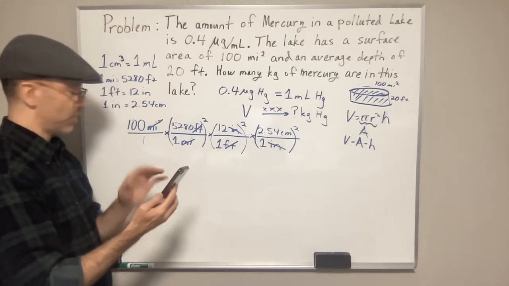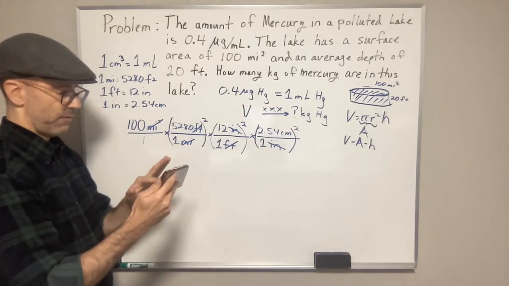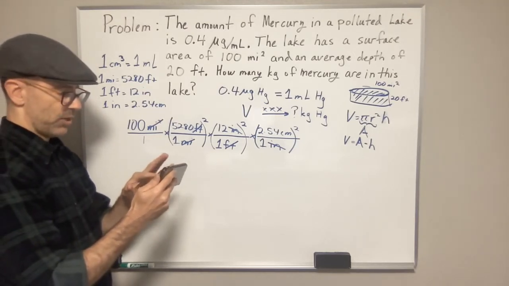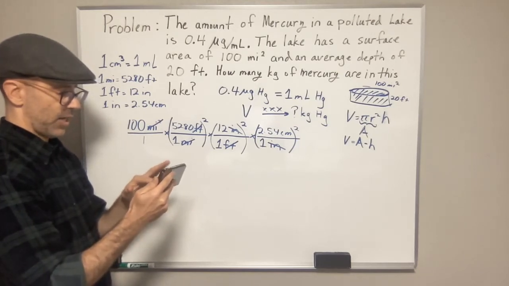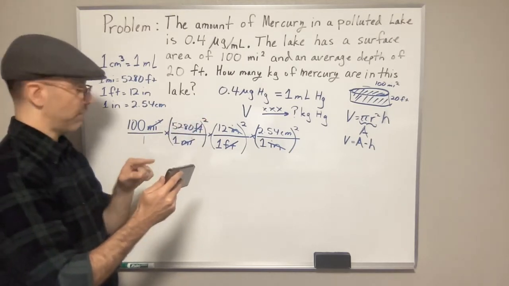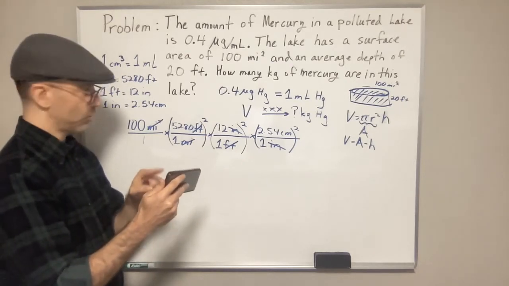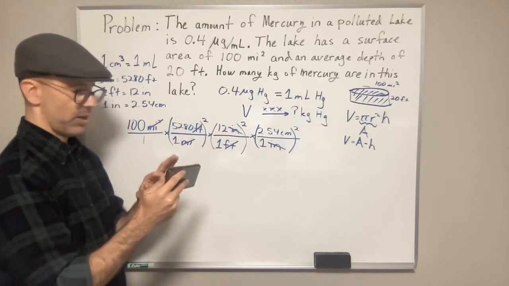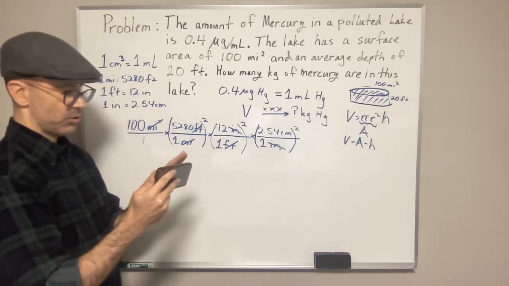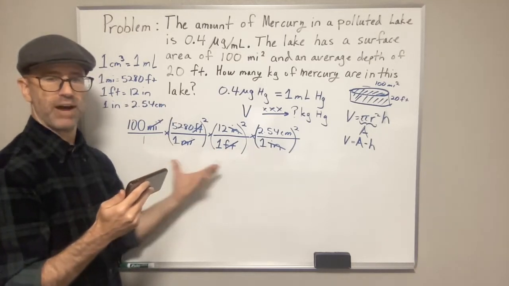I'm going to multiply 100 times 5,280, and I'm going to square that because that's squared, multiplied by 12 squared, multiplied by 2.54 squared, equals, and then everything on the bottom is 1, so I don't need to really divide by anything.